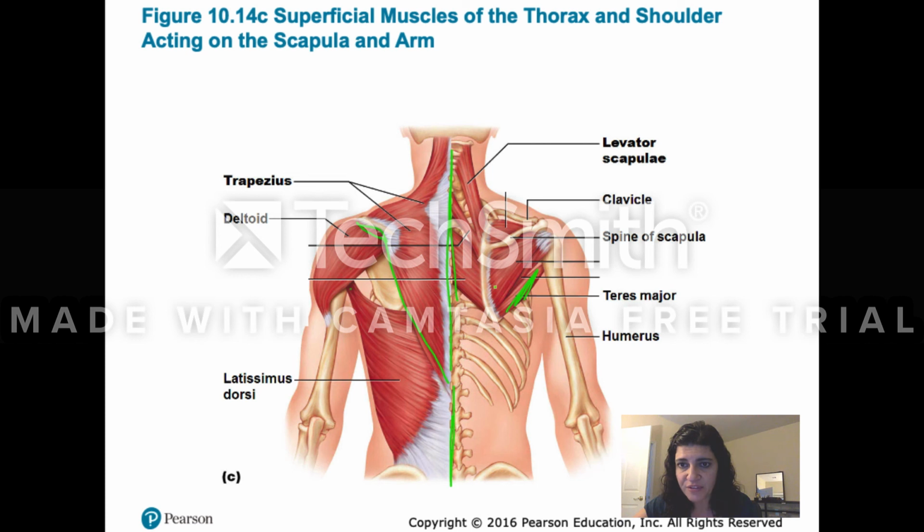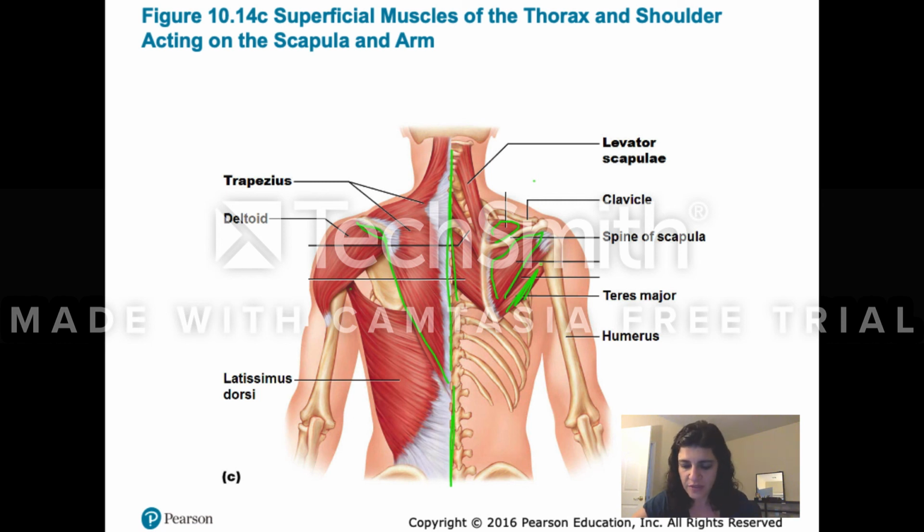And then you have this muscle here, which is the supraspinatus, and this one here, which is the infraspinatus. One is on top of the spine of the scapula, the other is attached to the part inferior to the spine of the scapula.